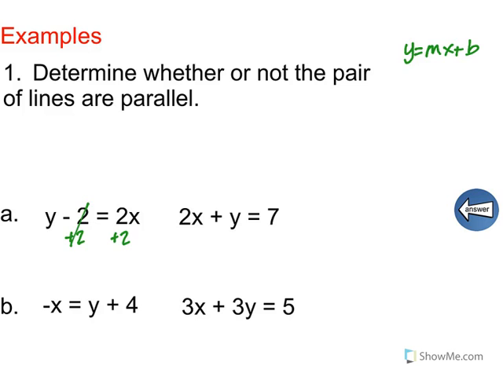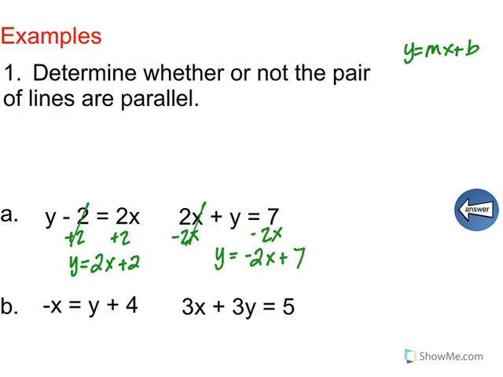So to get the y by itself here, I add 2, and what we end up with is y equals 2x plus 2. When we're looking at the second equation in this pair, we would need to subtract 2x from both sides to get the y by itself. As I do that, we end up with y equals negative 2x plus 7.